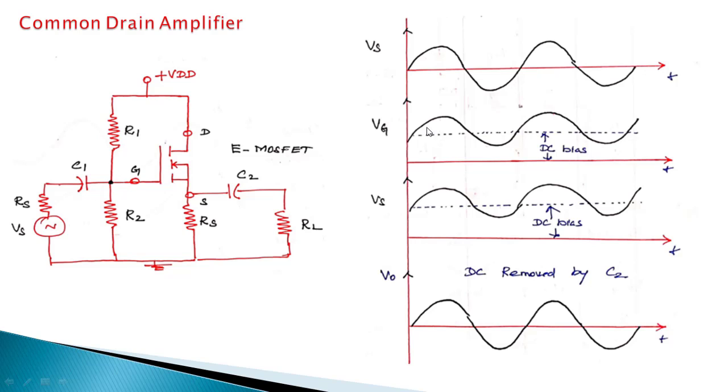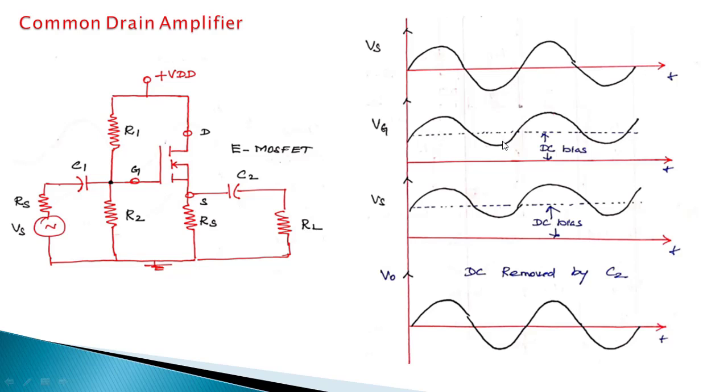If the signal is increasing, the positive voltage is increasing. If the signal is negative, the positive gate voltage is decreasing. Whatever happens, VGS is always positive irrespective of the input signal. Whether the signal is positive or negative, VG is always positive only. When VGS is positive and drain current flows, the voltage drop across RS will be positive.